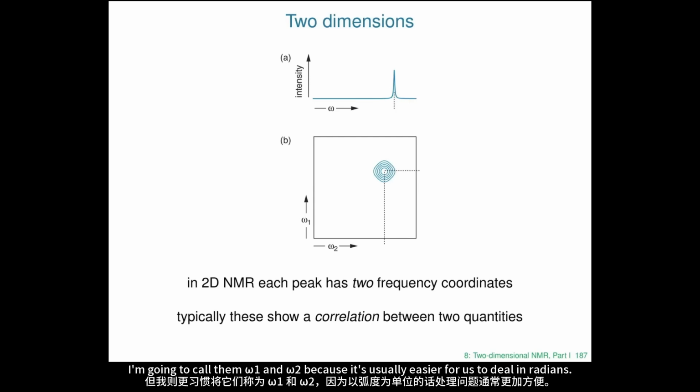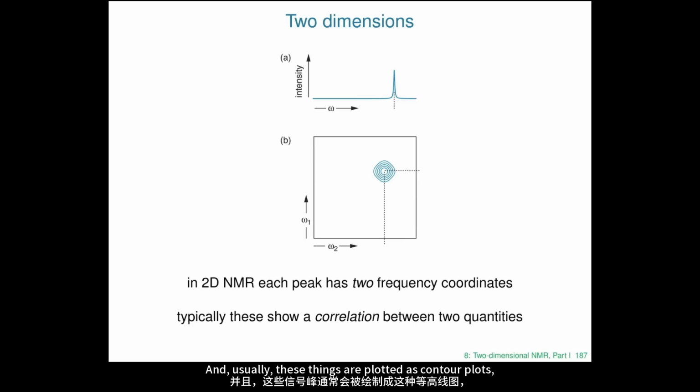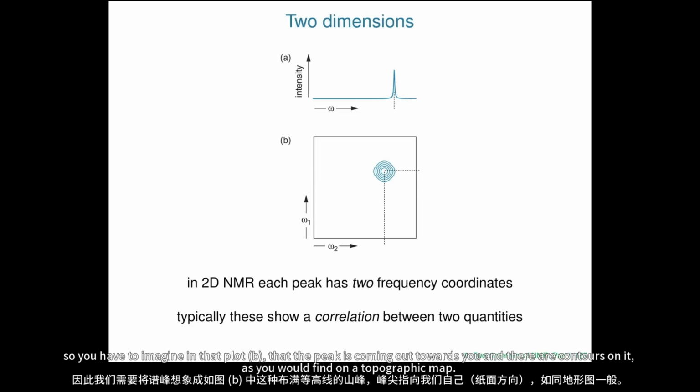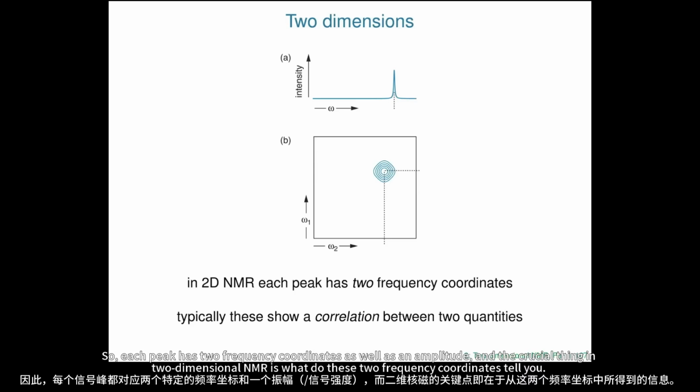I'm going to call them omega 1 and omega 2 because it's usually easier for us to deal in radians. And usually these things are plotted as contour plots, so you have to imagine in that plot B that the peak is coming out towards you and there are contours on it as you would find on a topographic map. So each peak has two frequency coordinates as well as an amplitude.